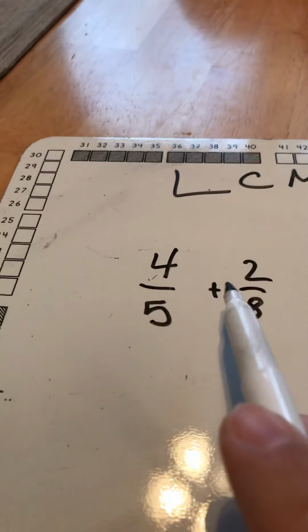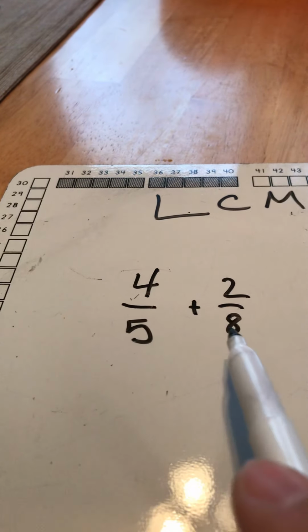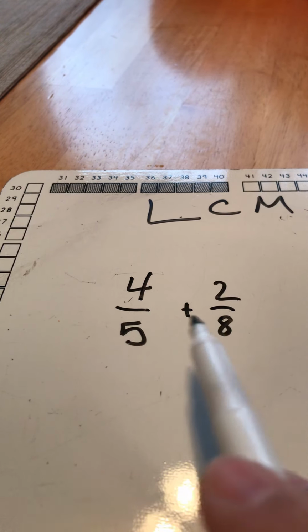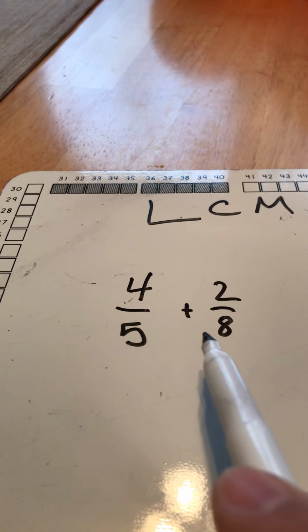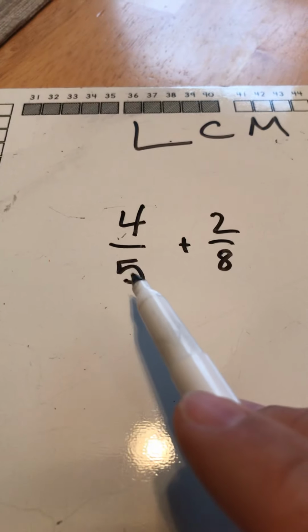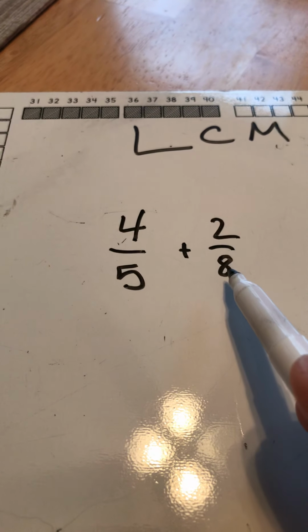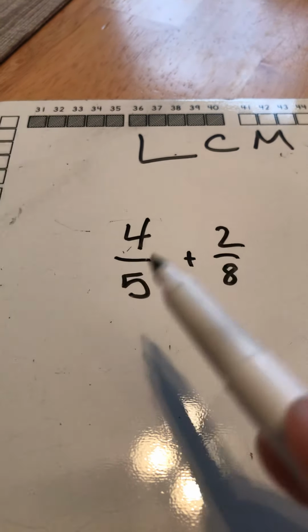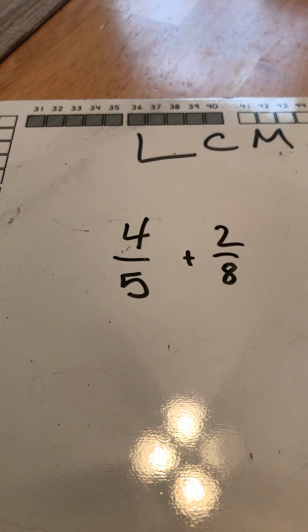So I see that I'm adding these fractions and the denominators are not equal. So I'm going to have to multiply out both of these denominators. Now I know a lot of you want to say, well, 5 times 8 is 40, right? And sometimes that will work. Sometimes when we just multiply this times this, we would end up with, of course, a common denominator.